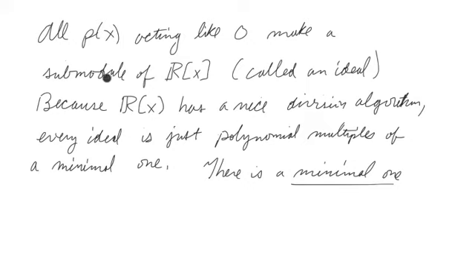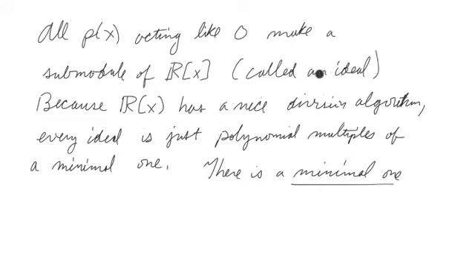It's an additive subgroup, and scalar multiplication is closed in it, so we call it a submodule. Submodules of this guy right here, which is actually also a ring because it has really nice multiplication and addition together, so it's even more than a module, are called ideals.